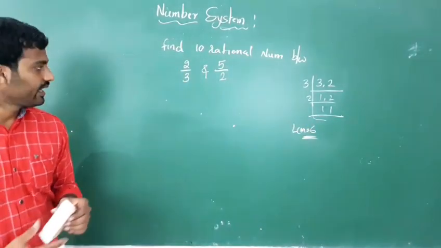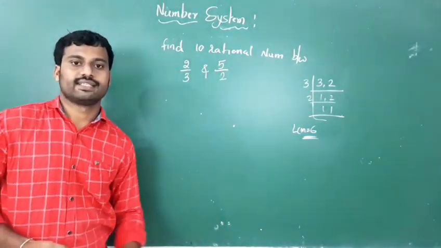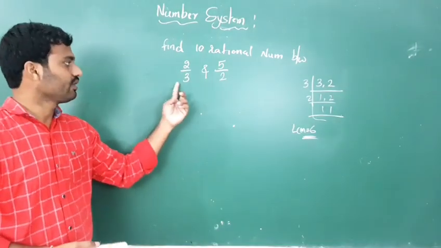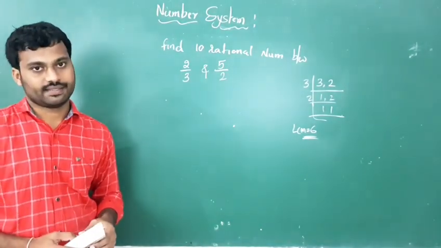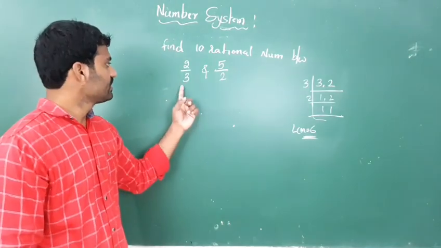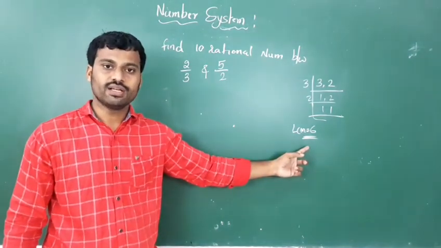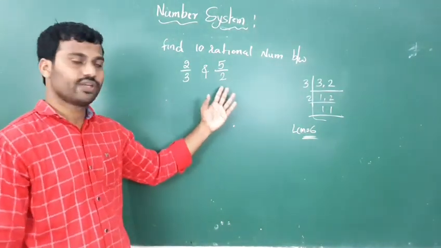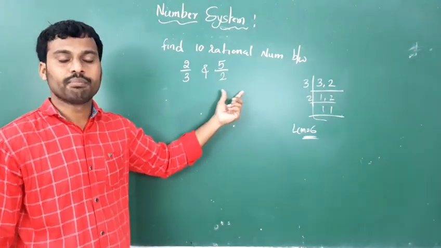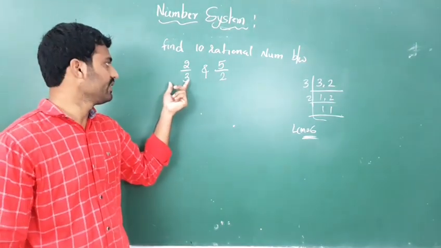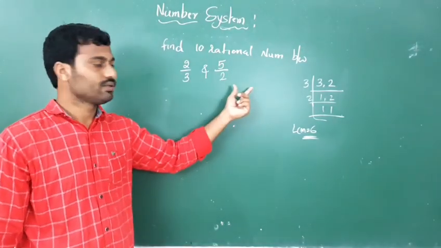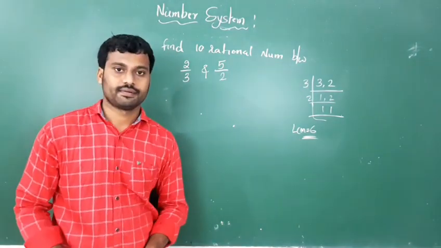What is the LCM for 3 and 2? 3 twos are 6, so 6 is the LCM. Directly also you can say, because this is a very simple problem.